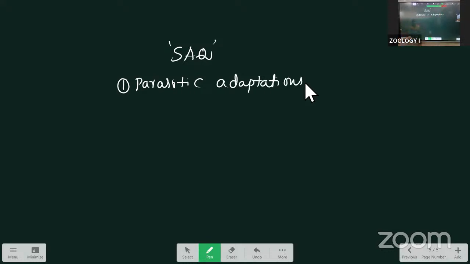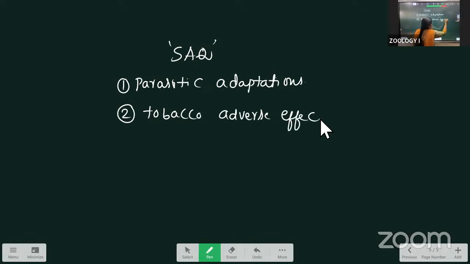Now we are going to discuss the tobacco adverse effects. What are the tobacco adverse effects? For those consuming tobacco, what is the effect?